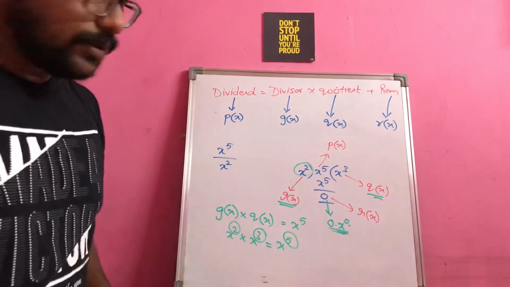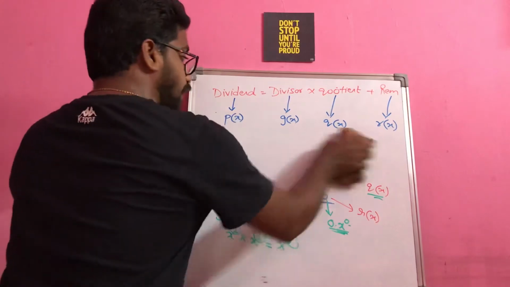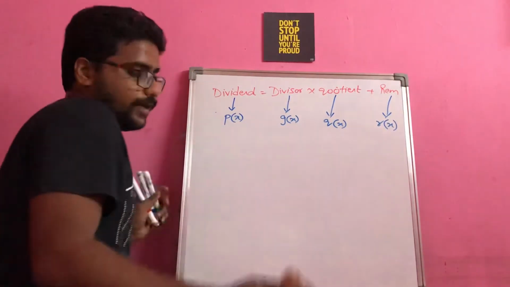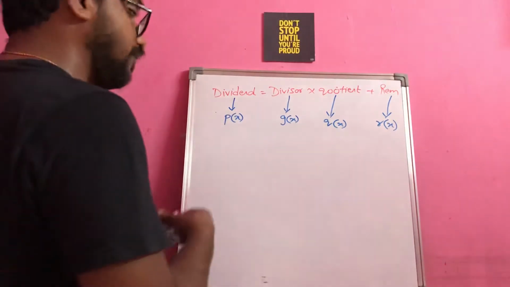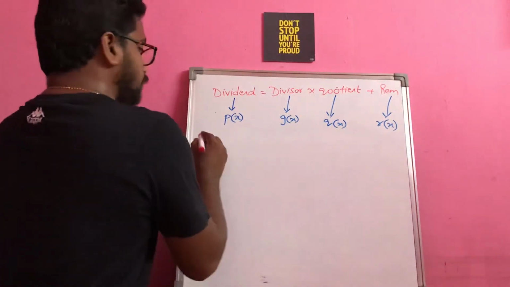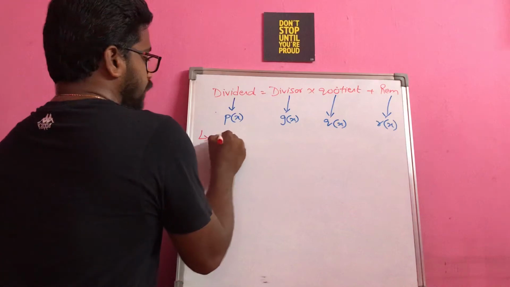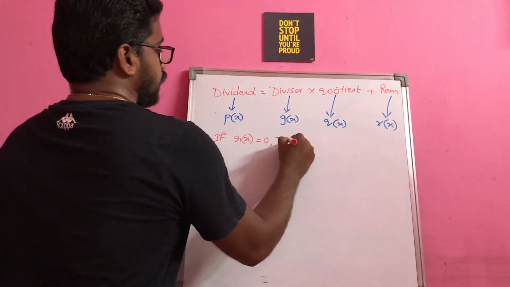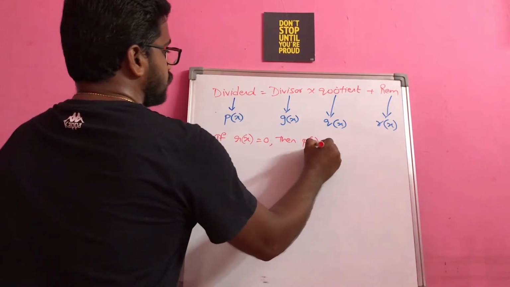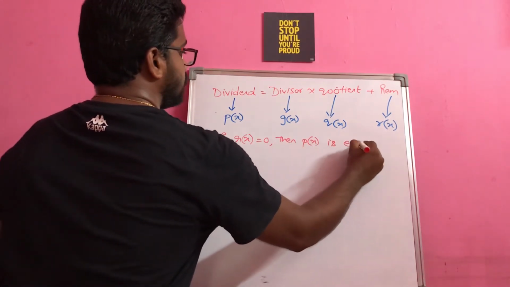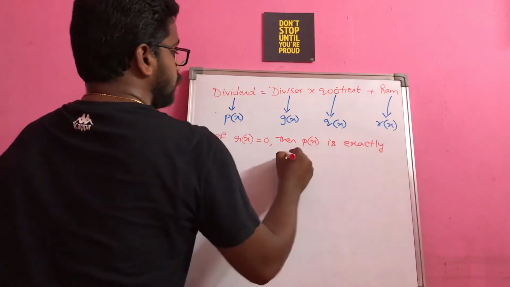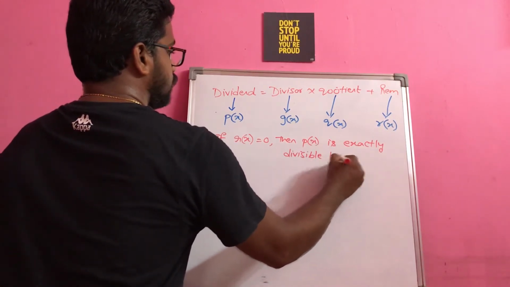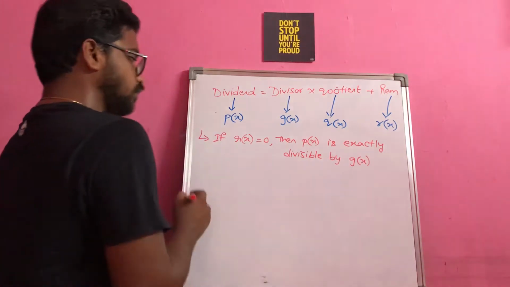So let me just list out here. Please make a note, because if you know these facts very well, your work will become simple. I will give you an example also a little bit later. So first one, if r of x is equal to 0, then p of x is exactly divisible by g of x. This is the first rule.